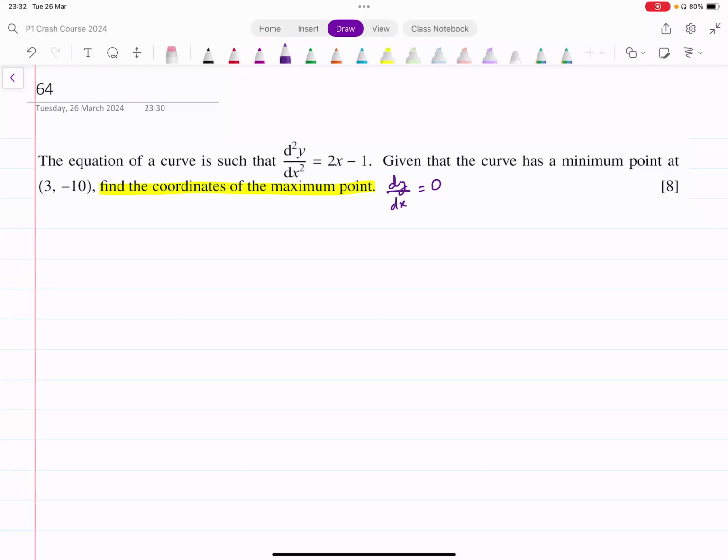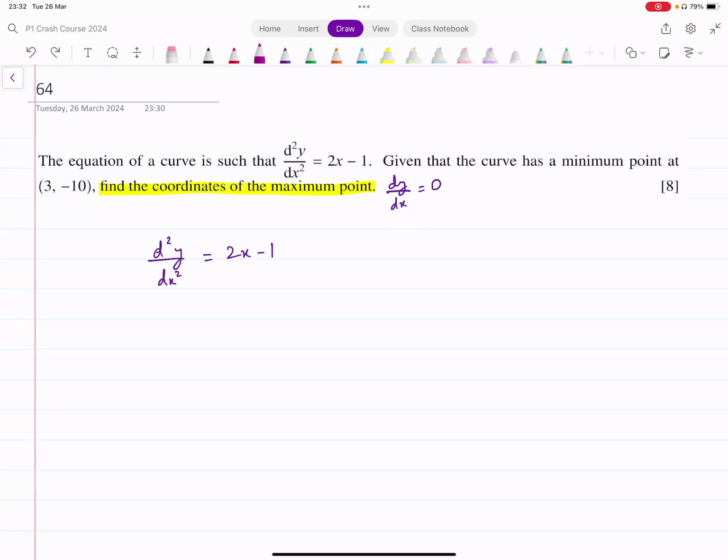Now let's see how we can find that derivative. First of all, what do we have to start from? We have the second derivative given, d square y over dx squared, that is equal to 2x minus 1. How do you go from the second derivative to the first derivative?